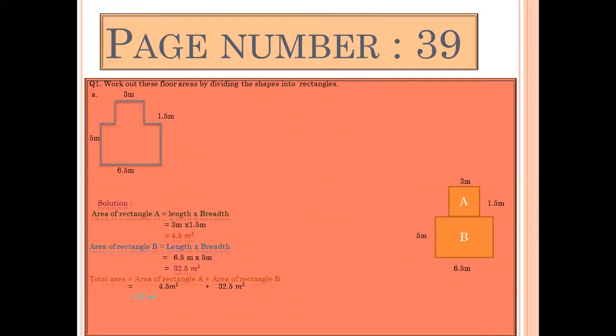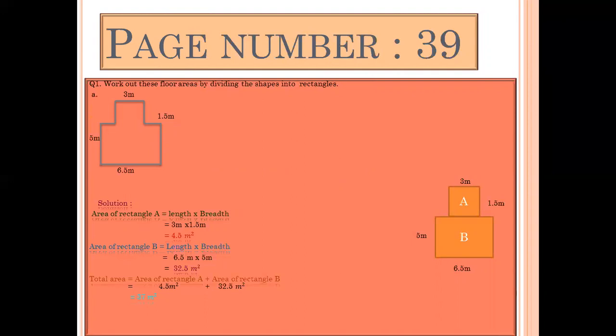You see in the question which type of shape is given, and for your convenience I converted this diagram into two parts, A and B. You can see on your screen we divide the whole shape into two basic figures, A and B, and both shapes are rectangular.